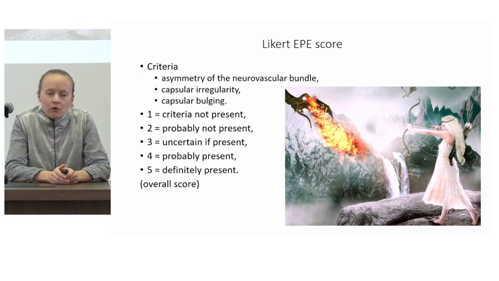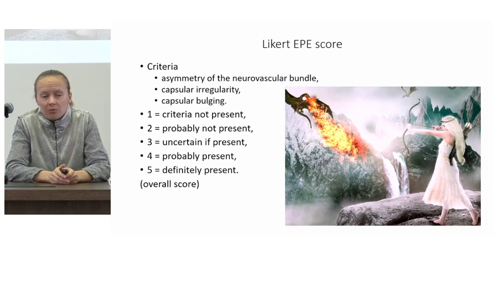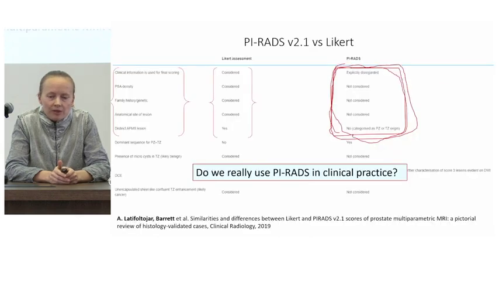And before we go forward to compare all 3 systems, Likert, PI-RADS, and EPE grade from Mehralivand, I will address the next 2 slides to my colleague radiologists to understand what we are working with, what the PI-RADS system means, and also to urologists to understand what we are talking about.